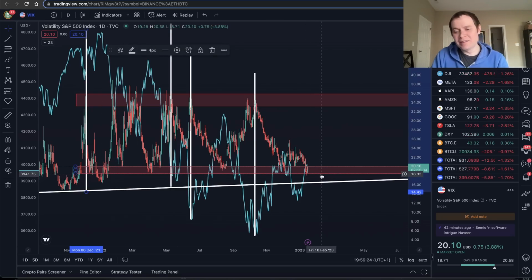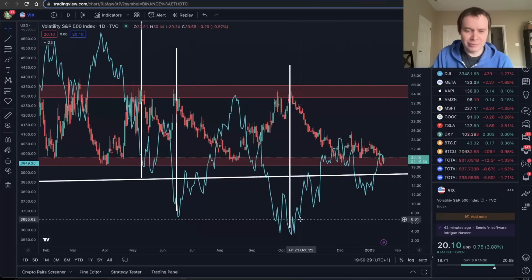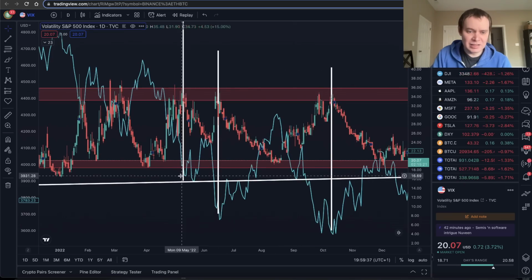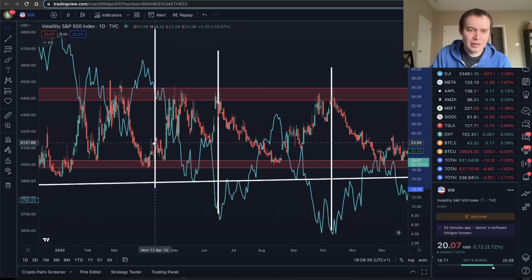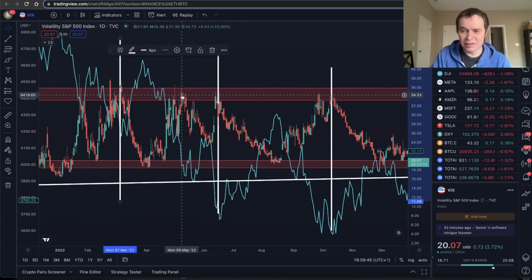Okay. And it's not as clean as the lows, but you will find that fairly frequently when the VIX is finding a high between like that 33 to 35, 36 range, this is the top, and then here was also a top, but it's not as great of a signal.